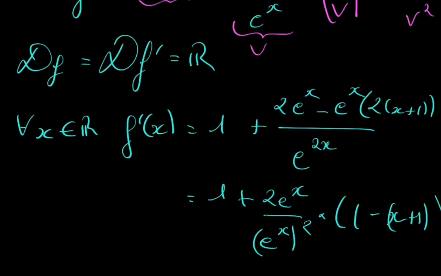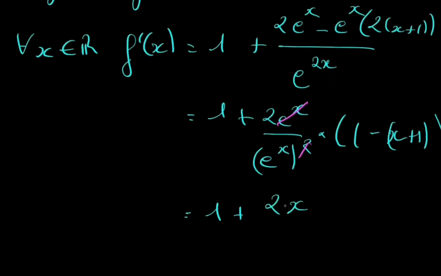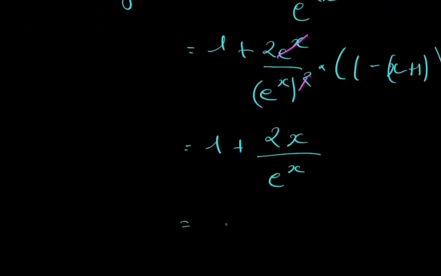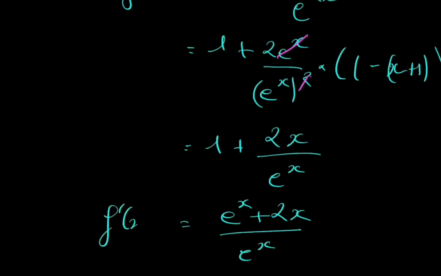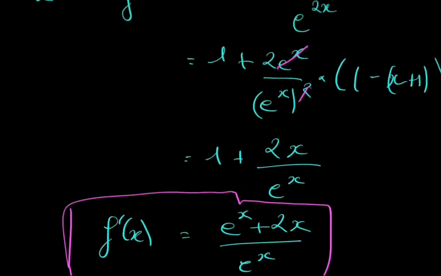Okay, so we've got 1 plus, let's simplify this one with this one, 2x over exponential of x, which is equal to exponential of x plus 2x over exponential of x. F prime of x is equal to this whole thing. Did we make any mistakes?